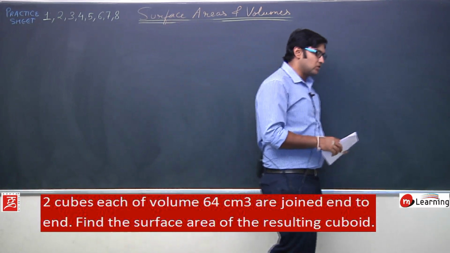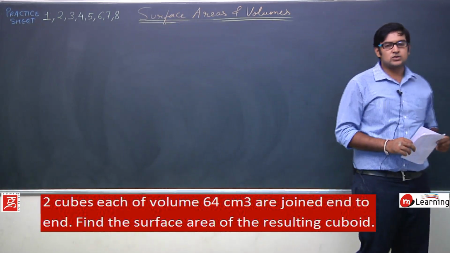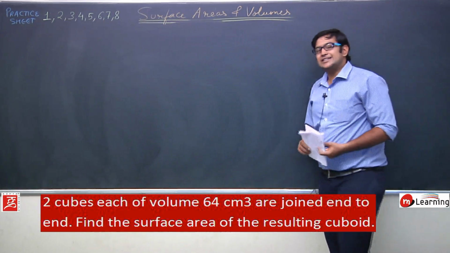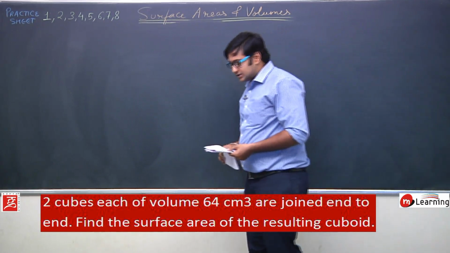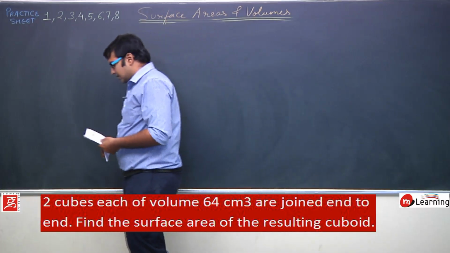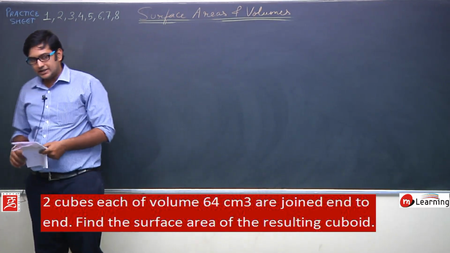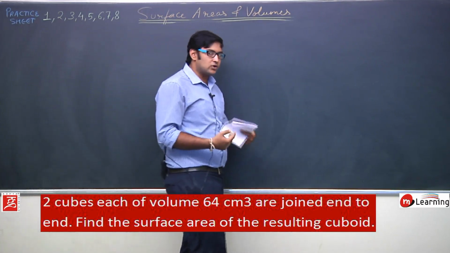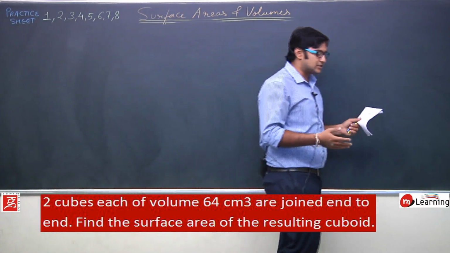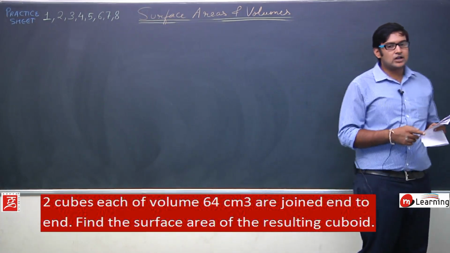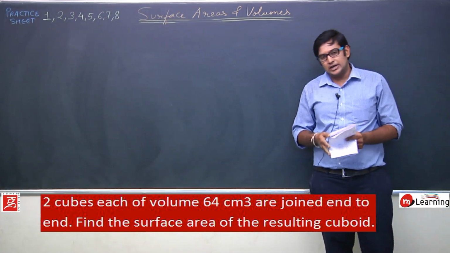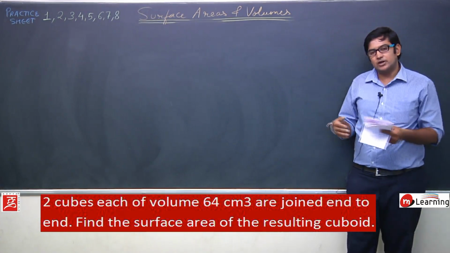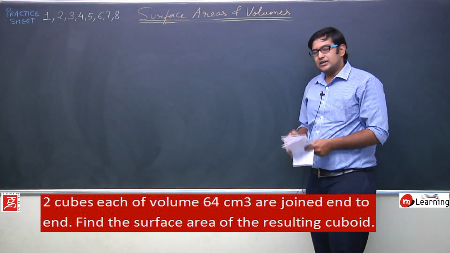And we have also understood what exactly is meant by conversion of solids. Conversion of solids means if one kind of solid is melted down and made into a different shape, its shape is changed. In that case, the total volume of the solid, that is the total amount of whatever the material is, will not change.